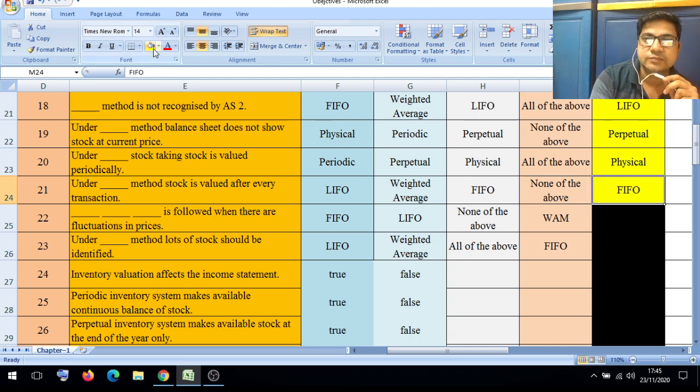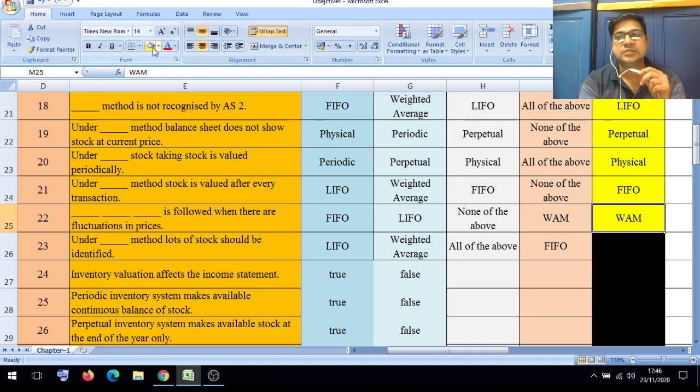The answer is FIFO. Dash is followed when there are fluctuations in prices. FIFO, LIFO, none of the above, weighted average method. So the answer is the weighted average method. Whenever the fluctuation is there, that time we have to follow the weighted average method.